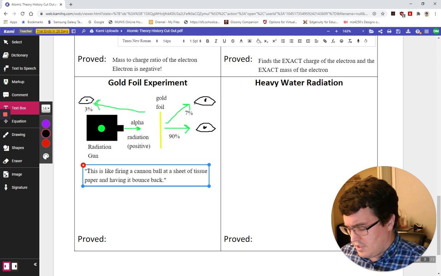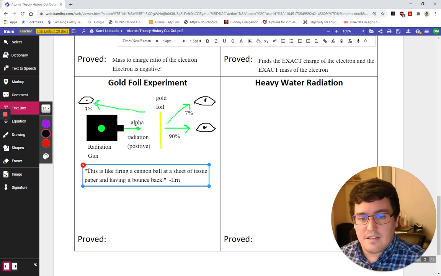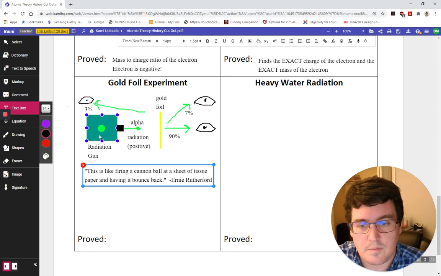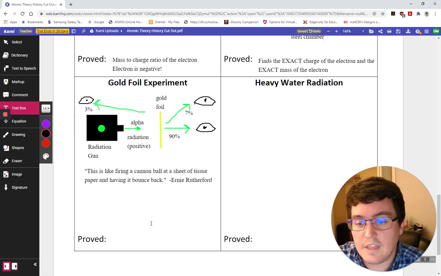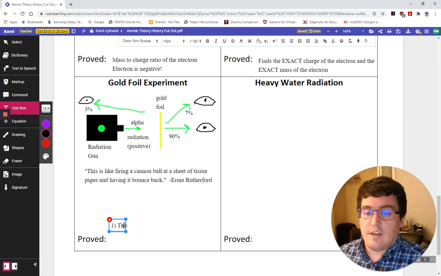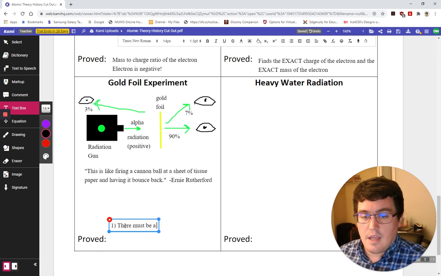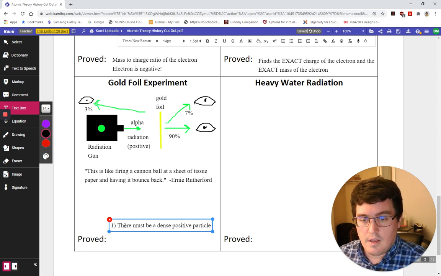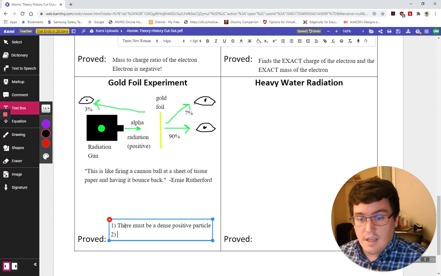Everybody in the scientific community was, but he gets credit for being the first one to observe it. He knew 2 things from this. All right, number 1, he knew that there must be a dense positive particle. And number 2, he knew that atoms must be mostly empty.